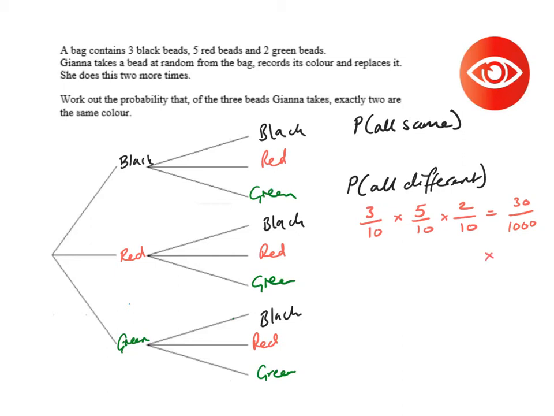I can have red, black, green, red, green, black, so I've got another 2 options there. Green, black, red, green, red, black, and then I can't go that way. So I've got 6 ways of doing them, when they're all different, so that's going to give me 180 over the 1000. So that's the probability of them all different.